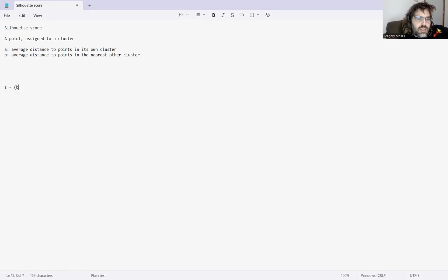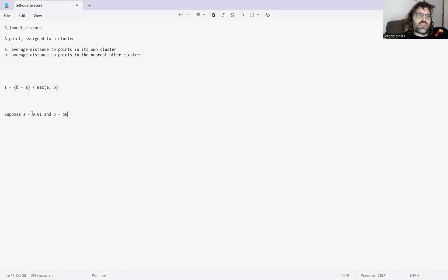It's B minus A, divided by the maximum of A and B. When you first see this formula, this is probably nonsensical. Let's just look at some values.